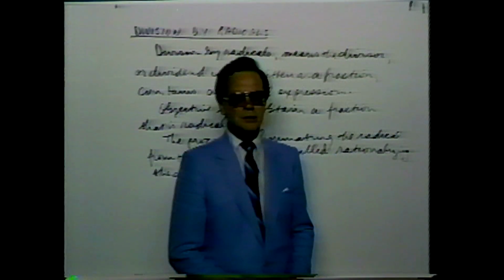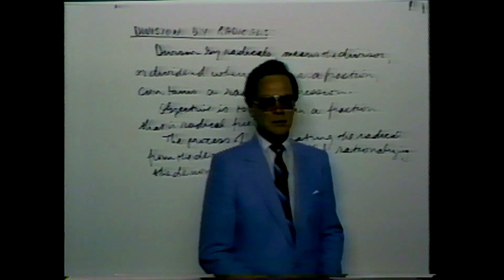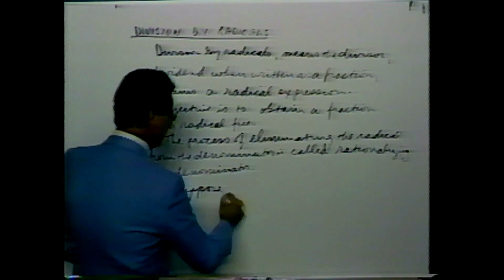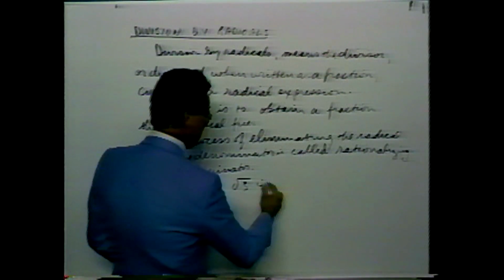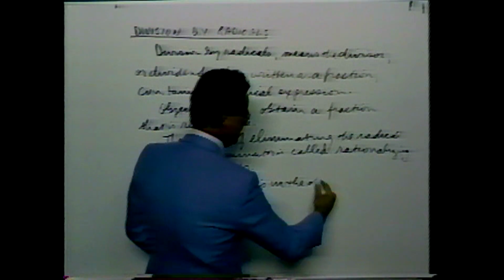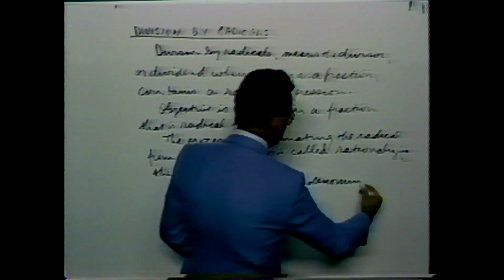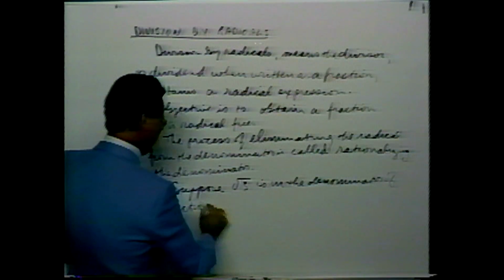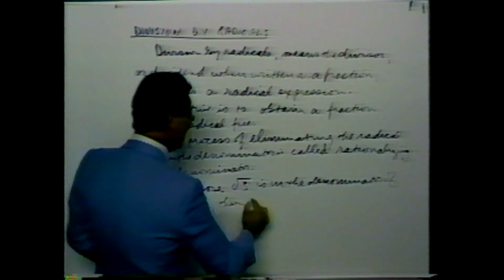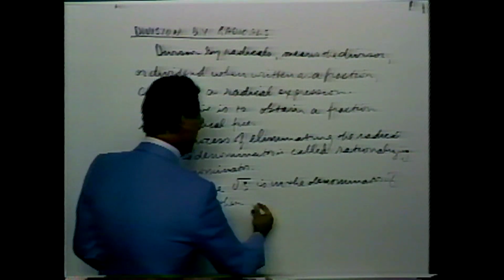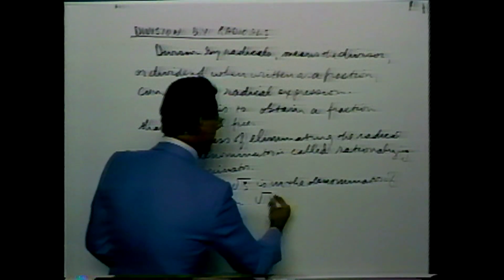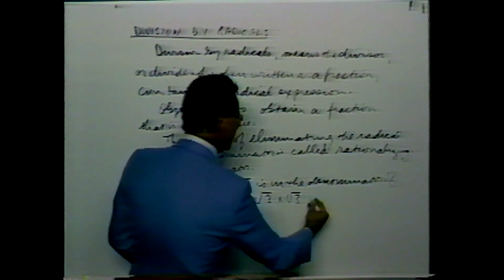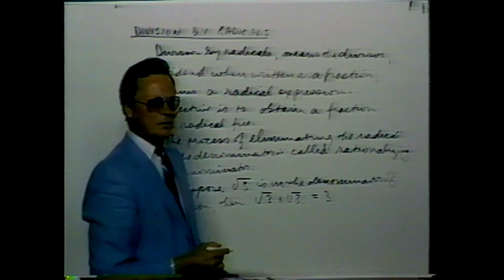If the square root of 3 is in the denominator, for example, then you can perform an operation such as the square root of 3 multiplied by itself, which eliminates that radical.